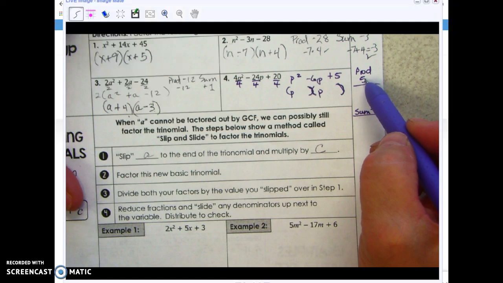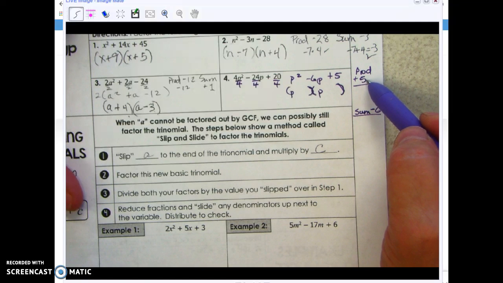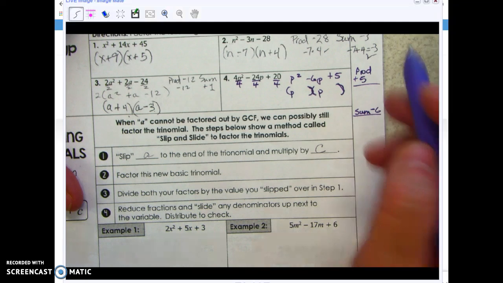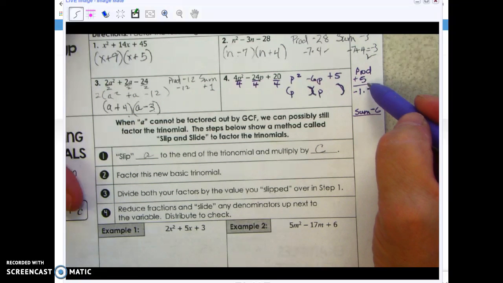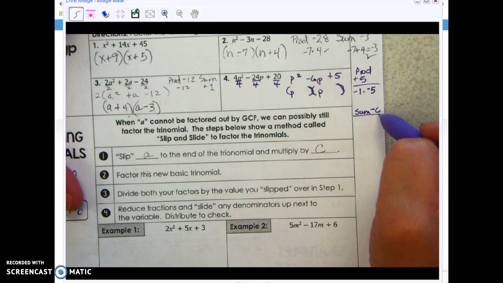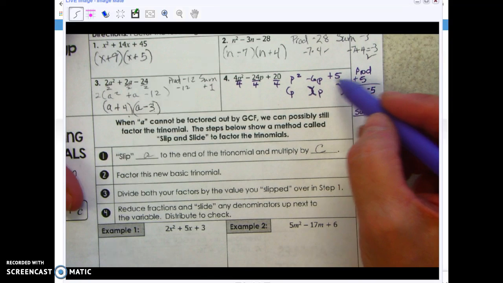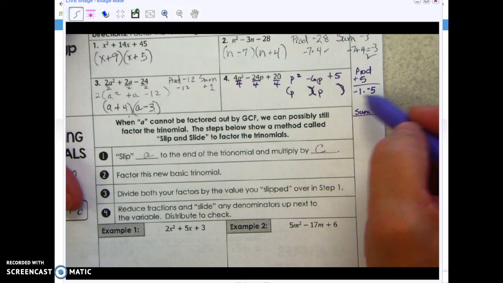So here when I'm thinking about this, I want to remember that positive 5 can be, I can get that by multiplying positive 1 times positive 5. That's going to give me a 5. But also negative 1 times negative 5. That will also give me a positive 5. And I'm thinking about that because I need a negative 6. So anytime I see the middle term has a negative in it, but the last term doesn't, I want to think they both have to be negative.